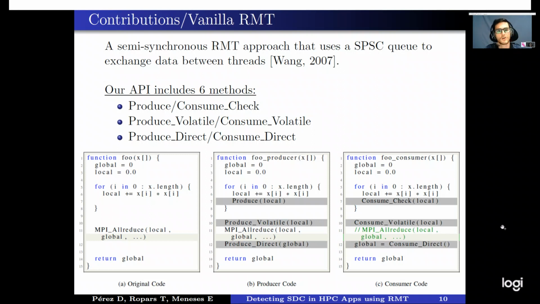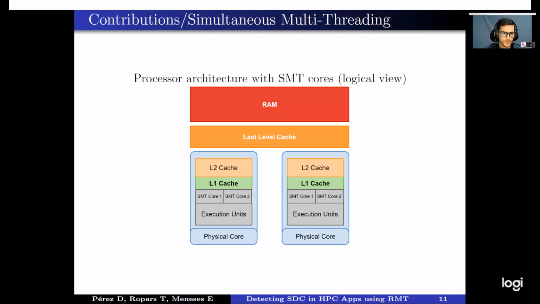Okay, so that is the vanilla redundant multithreaded approach. One of the optimizations that we propose is to leverage simultaneous multithreading. Hyperthreading is the Intel implementation of simultaneous multithreading, and what simultaneous multithreading means is that a single physical core appears to have two or more logical cores.